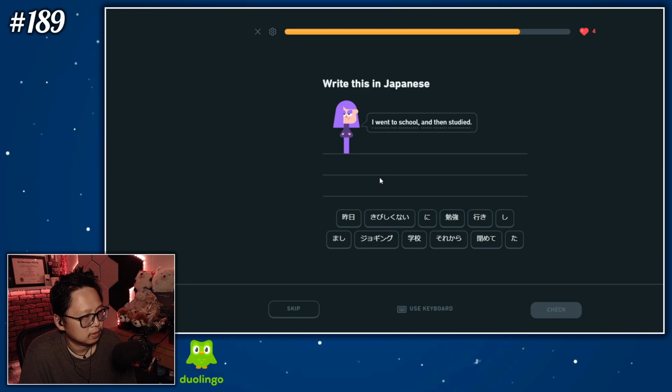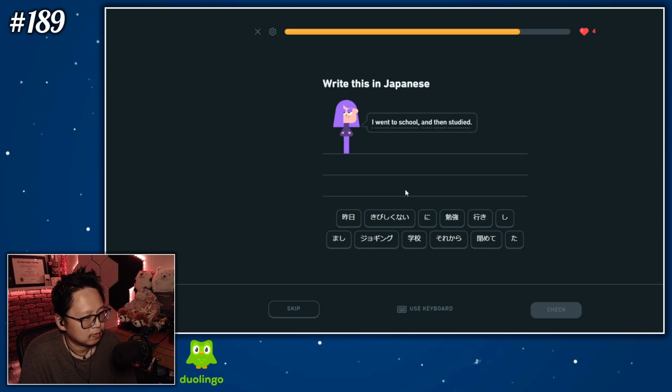学校に行きました. No. You don't conjugate. You use the stem form. So, 学校に行き、それから勉強しました. Just taking a look at 勉強.